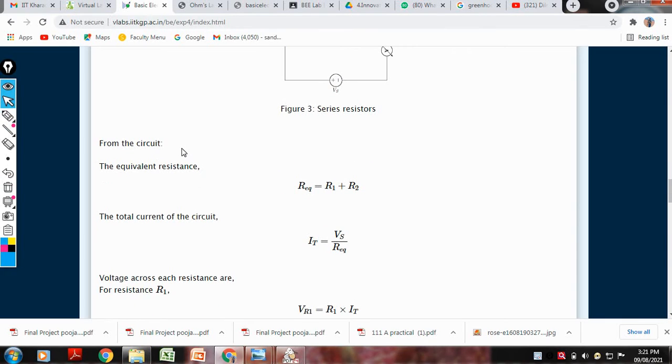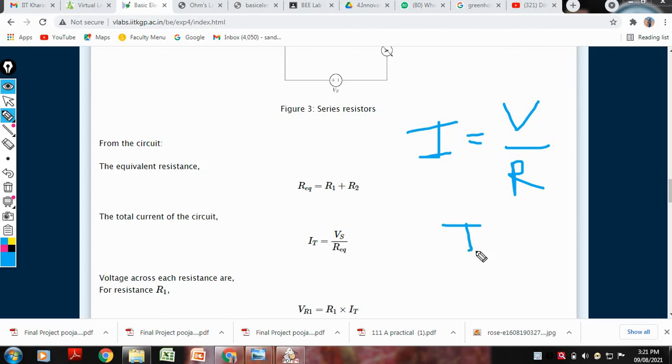Then the total current in the circuit is I, that is I is equal to V by R. The total current IT is equal to Vs by R equivalent.